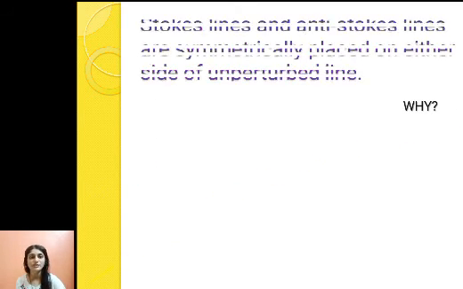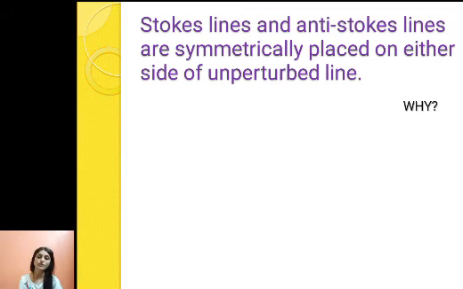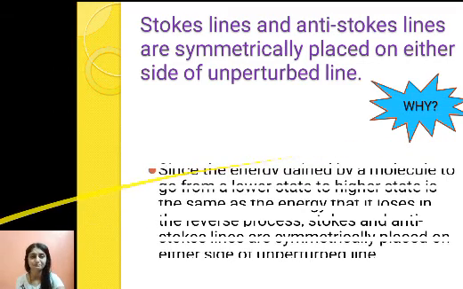Second, we have also studied that Stokes lines and anti-Stokes lines are symmetrically placed on either side of the unperturbed line. This was a characteristic we studied in the last lecture. Why is it so?